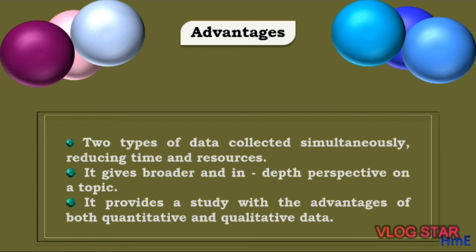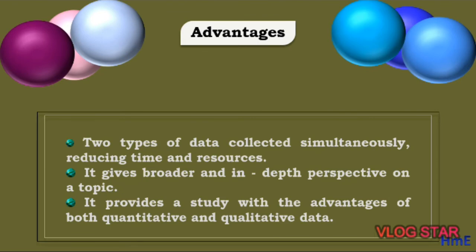This design helps the researcher to get the advantages of both kinds of data. Both can help the researcher to obtain a concrete solution or a systematic observation to get a solution which will be helpful for society and for the whole of mankind.